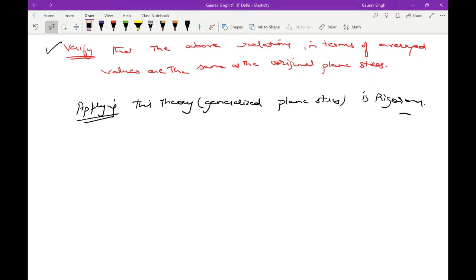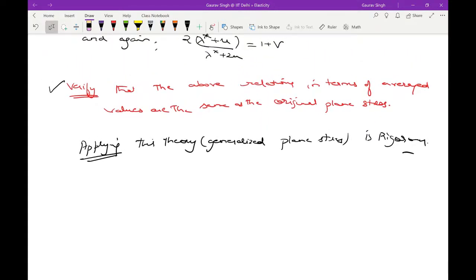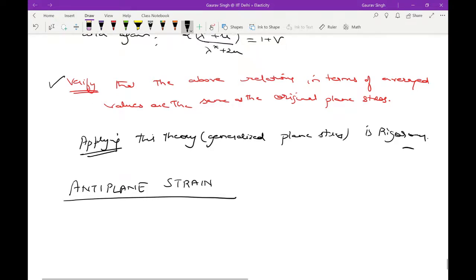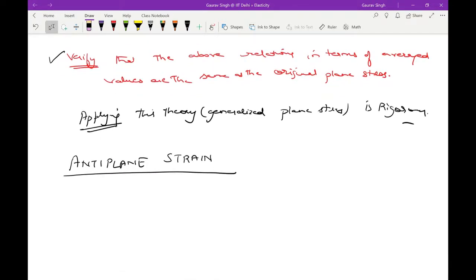Another theory which should be mentioned over here is called antiplane strain. So we have read about the plane strain, and an additional theory is the antiplane strain. What is it about?